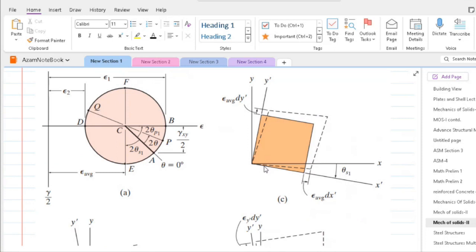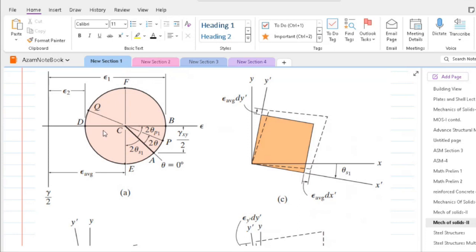As we said, the orientation of the strain element with respect to the given point is considered as the reference point, and theta corresponding to that point is equal to 0. We can easily determine the principal strains. As we can see, the principal strains will be at points B and D, where the shear strains are 0.